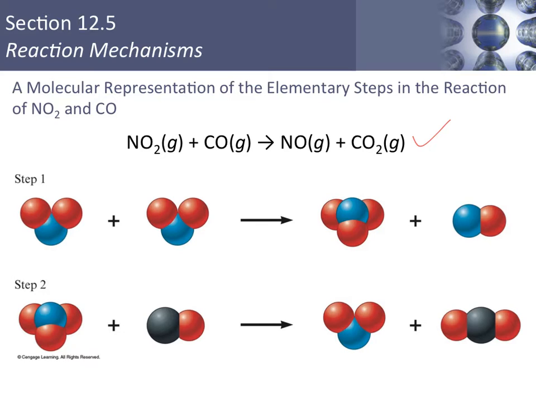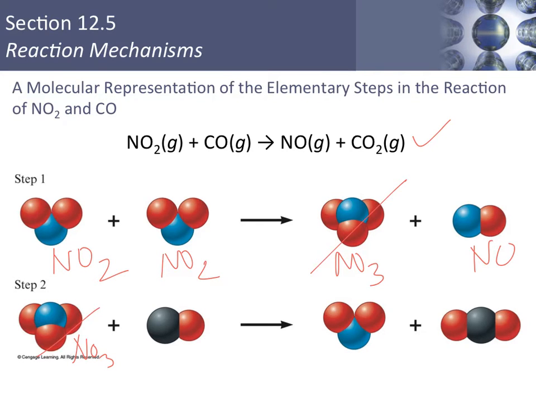In step 1, we've got NO2 and NO2, and then we get NO3 and NO. The blue spheres represent nitrogen and the red spheres represent oxygen. So then in step 2, this NO3 appears again. That is an intermediate. It is something that is produced in step 1 and is reacted in step 2.